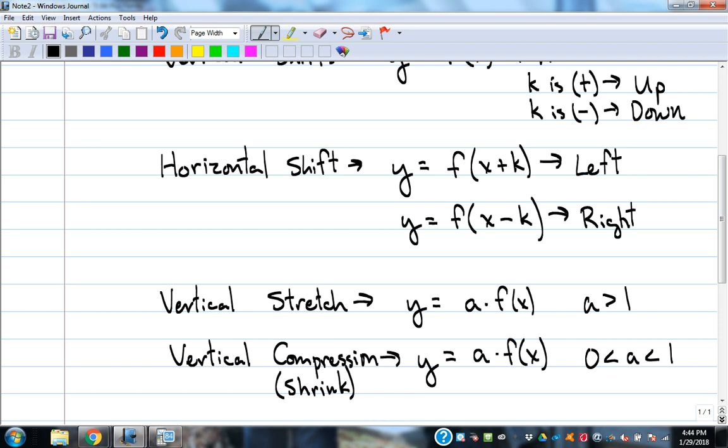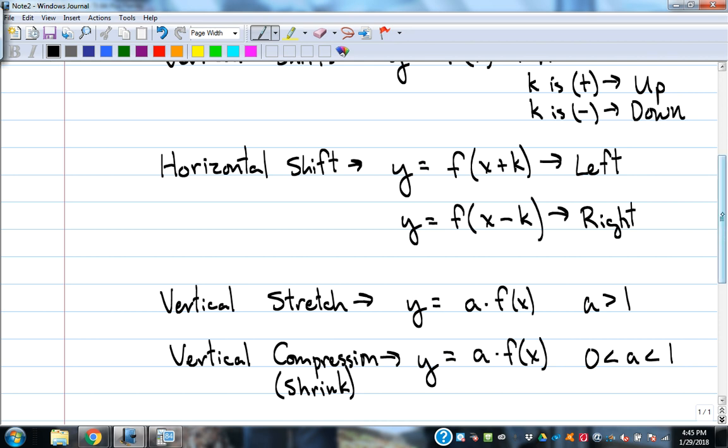Maybe that's where you're headed with that. We'll get there. Any small fraction there, like 28 over 29, is a small fraction. It's almost 1, but it's still small, compared to an improper fraction like 3 over 2. That's bigger than 1, so that would be a vertical stretch. You've got to keep that sort of thing in mind.